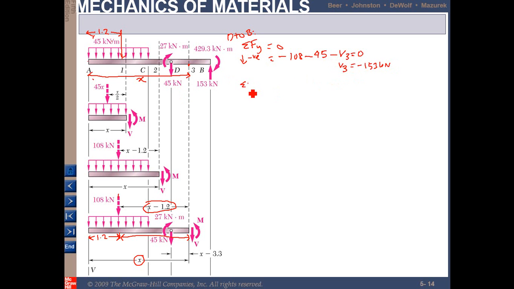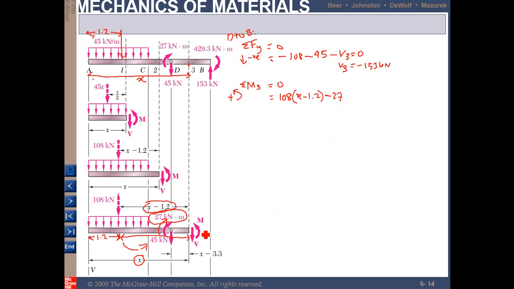And for the summation of all moment at point 3, if you consider this as positive, it's also equal to 0. So the moment is equal to 108 because it is acting in this direction, times the distance, which is X minus 1.2. And then because you have a moment here, 27 kilonewton meter, but the direction is clockwise because it is negative, so it is negative 27.